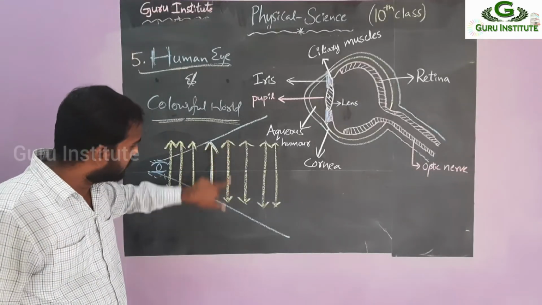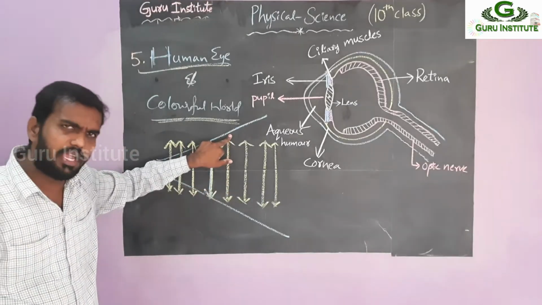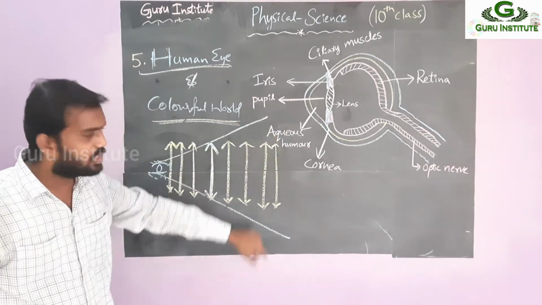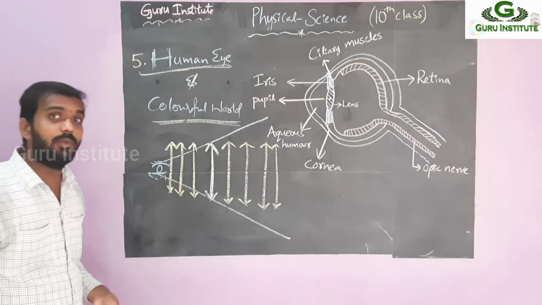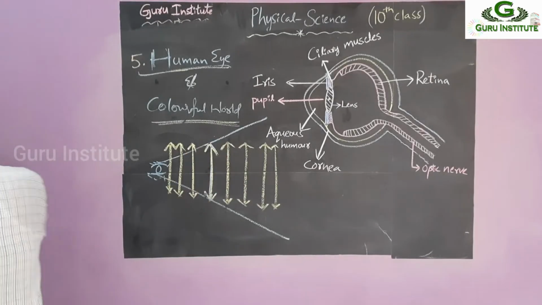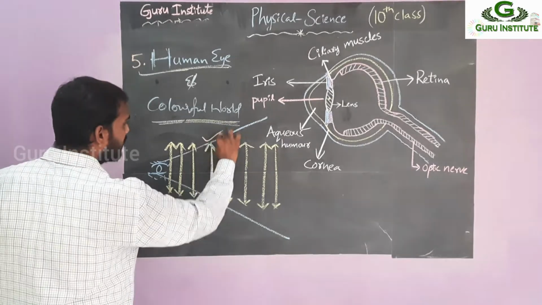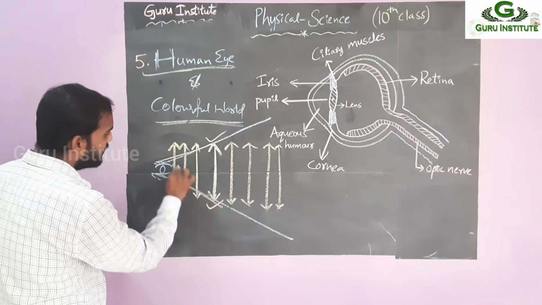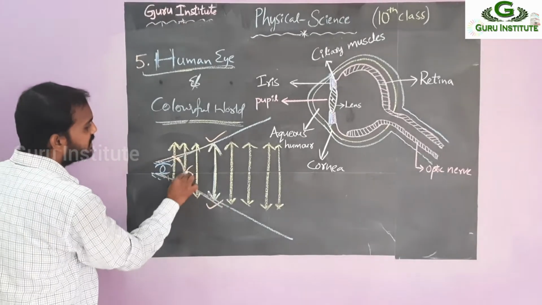But here, along with the object, I can see some space upside and also some space downside. Coming to here, more space upside, more space downside. Then where can you see the clear image? At this position, I see the clear image, right? For this position, if you find the angle, this angle should be 60 degrees.